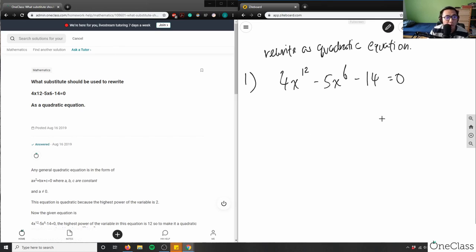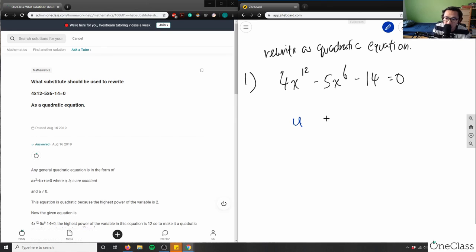If we want to rewrite this as a quadratic, I need to rewrite it as something to the power of 2. I'm going to do this in blue, and make a new variable u. I'm going to let u equal something.